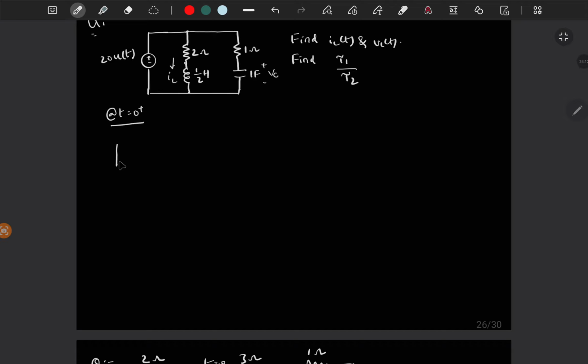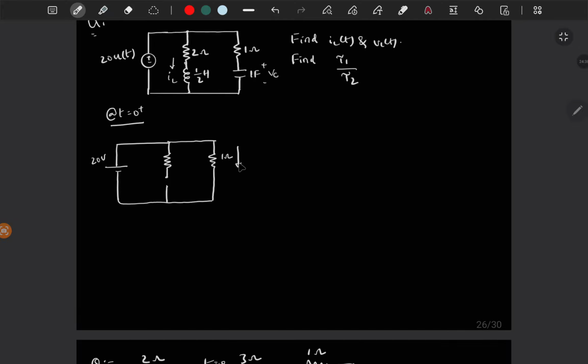So this is 20 volt and this is open circuited, and this is short circuit.